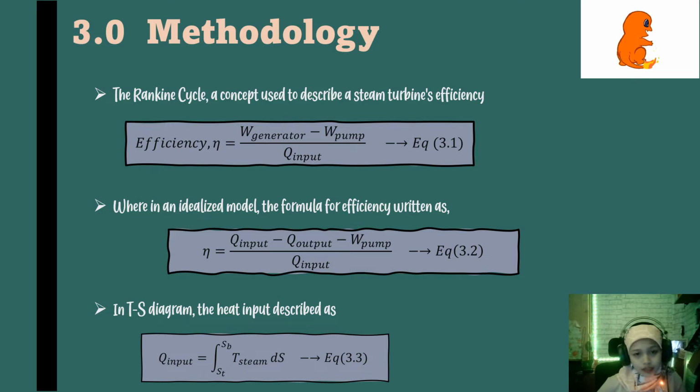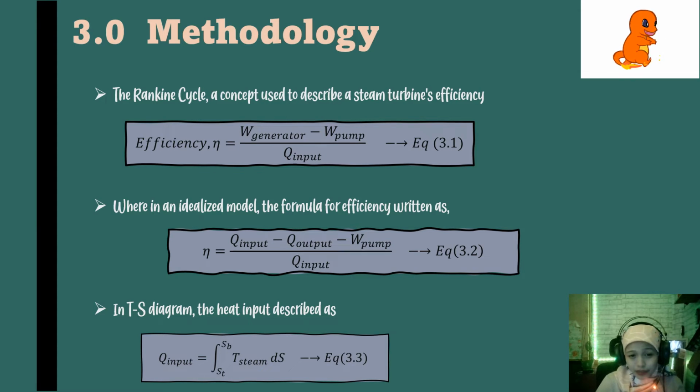To calculate the efficiency, we use the formula: efficiency equals the work from the generator minus the work from the pump, divided by the heat input. The second formula is the efficiency formula, which is the heat input minus the heat out, minus work from the pump, divided by heat input.